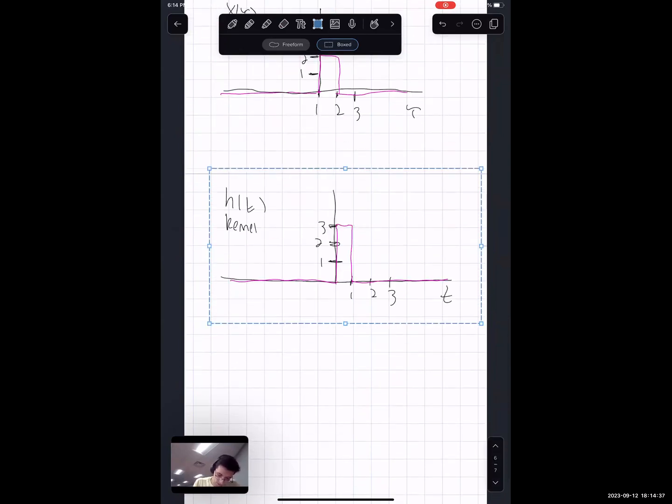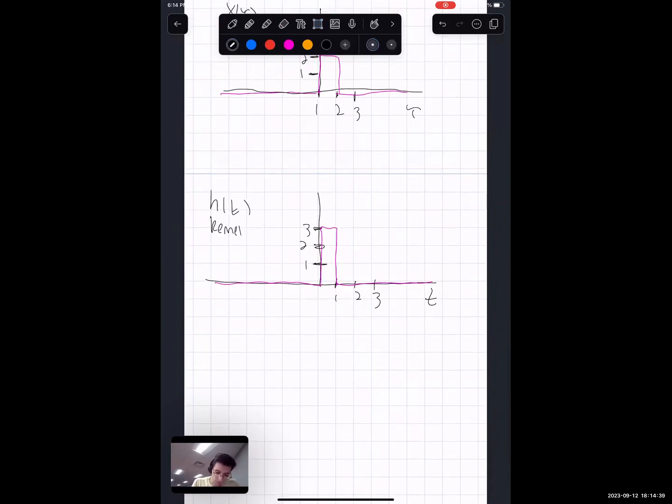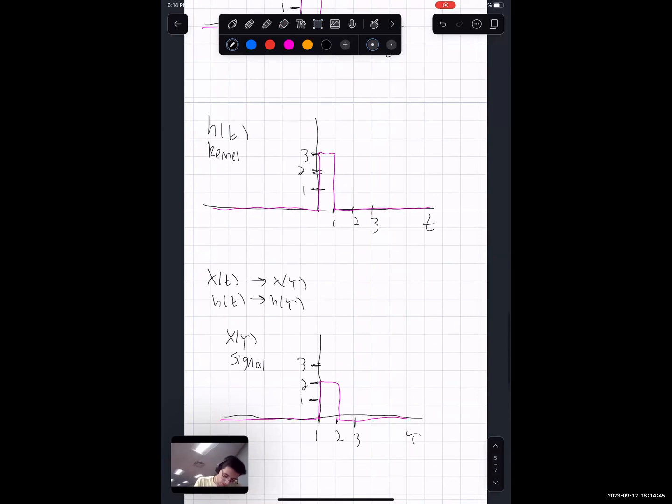We're not changing any properties of the actual signal, we're just replacing the variable. So this would be step 1, replace with dummy variable tau.